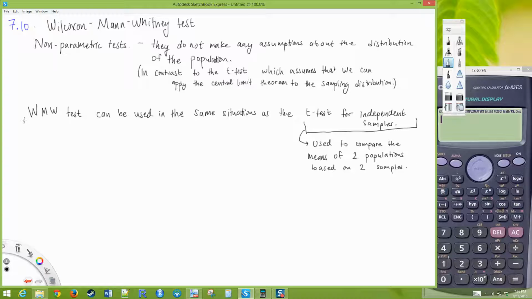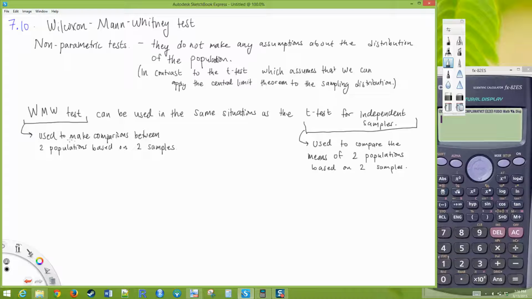The Wilcoxon Mann-Whitney test is used to make comparisons between two populations based on two samples, okay?